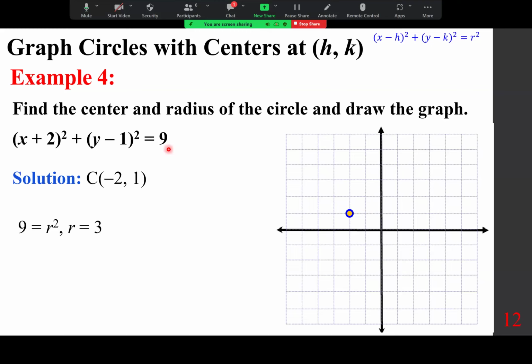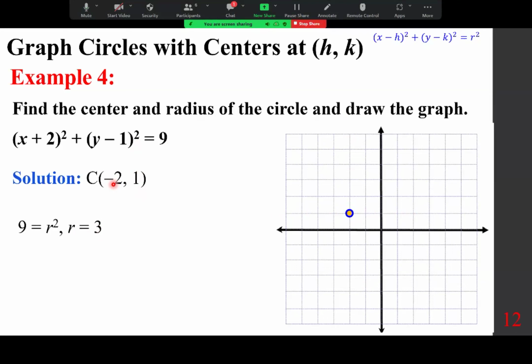r squared is 9, and therefore radius must be 3. So from the center, you go r units to the right, to the left, to the top, and to the bottom. So simply put, for this one, you add r, you get 4, you subtract r, you get negative 2.